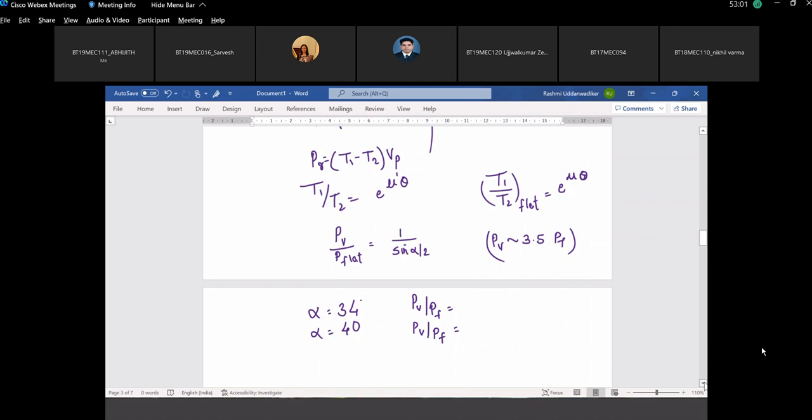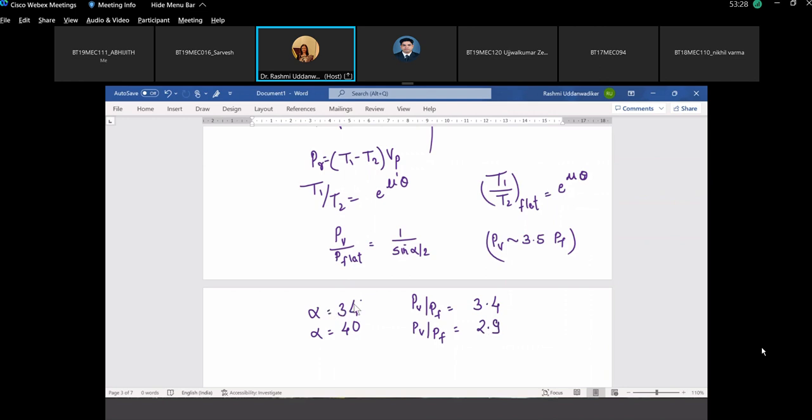It is 3.42 for 34 degrees and 2.9 for 40 degrees.